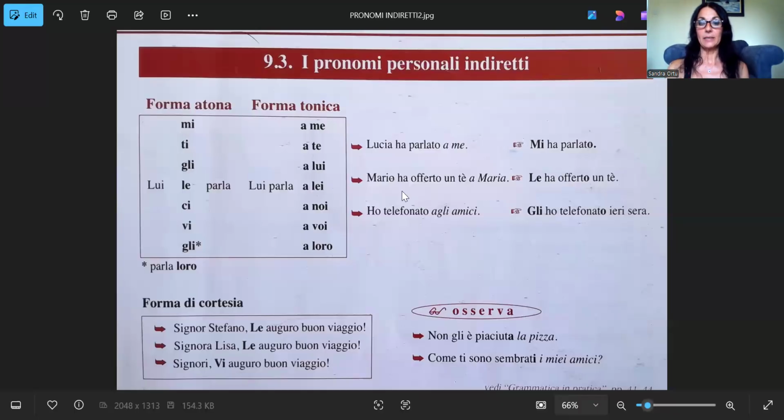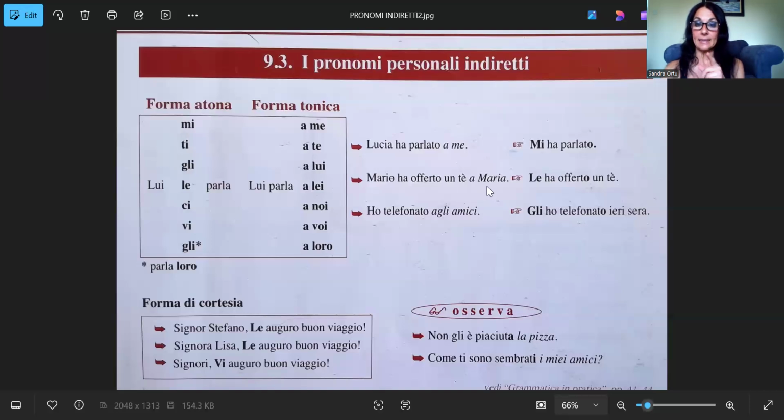Exactly the same here. Mario ha offerto un tè a Maria. So Mario offered a tea, a cup of tea to Maria. This is not the English word order.